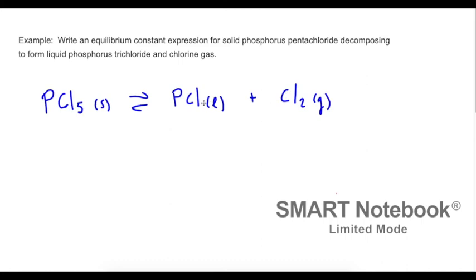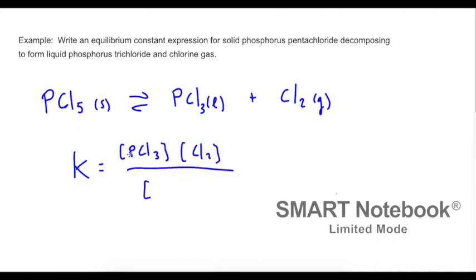Looks like this is already balanced, right? So my equilibrium expression is going to be the concentrations of the products raised to their stoichiometric coefficients of 1 and 1, divided by the concentration of my reactant raised to its stoichiometric coefficient, which is 1.